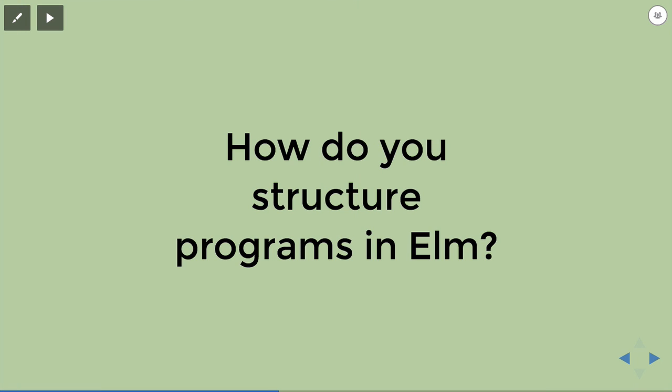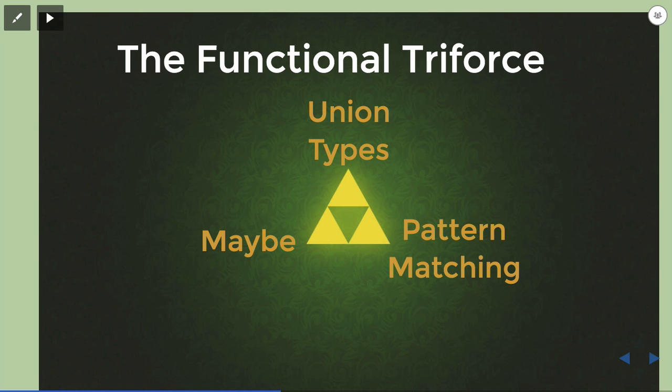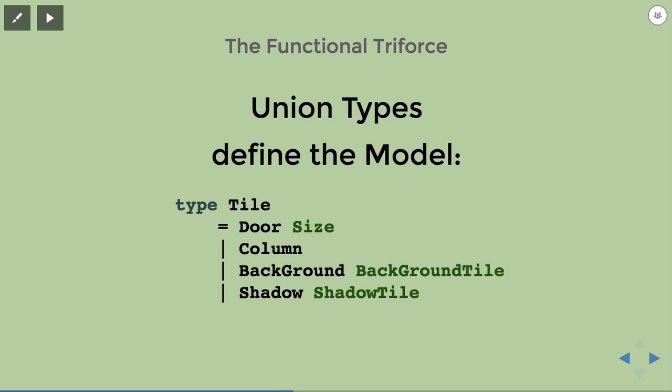Now that we have an overview of what Elm's basic concepts are like, let's look at how you actually make programs in Elm. This is what I call the functional drivers. If you ever played Legend of Zelda, you know what I'm talking about, but basically it's union types, maybe, and pattern matching. Union types define the model.